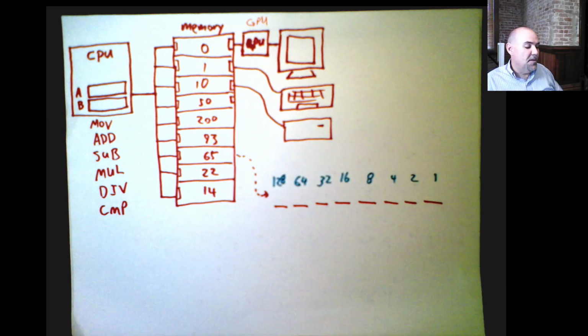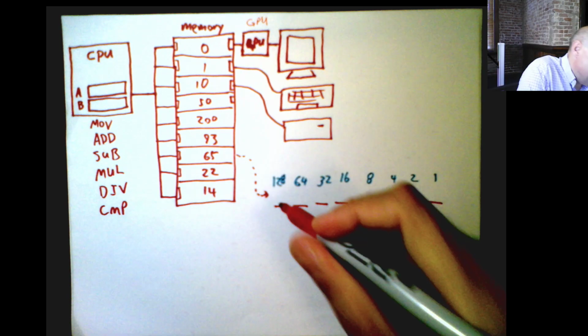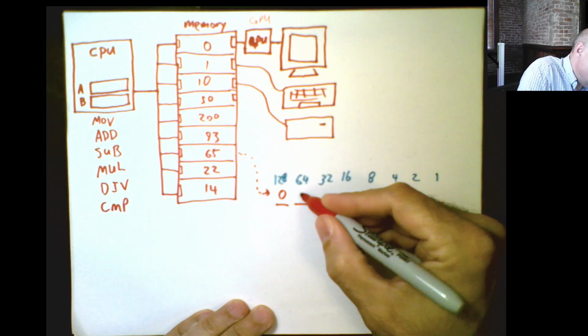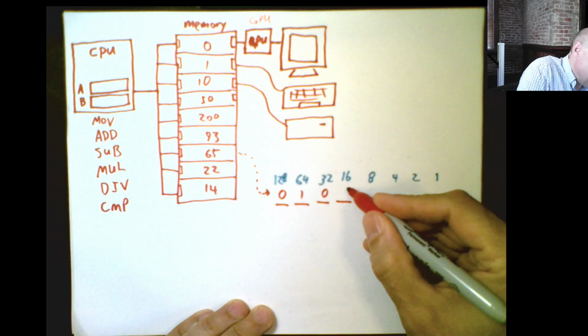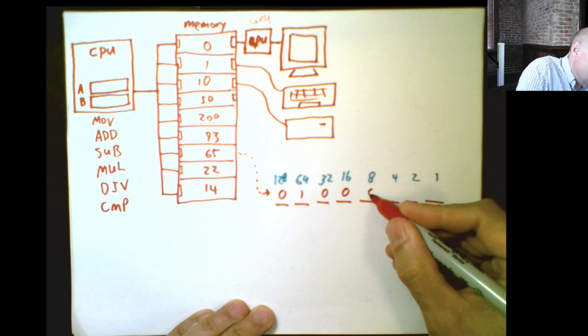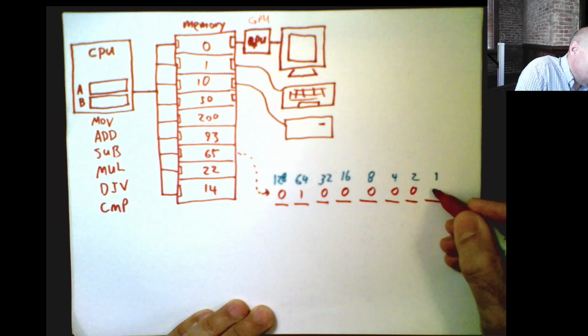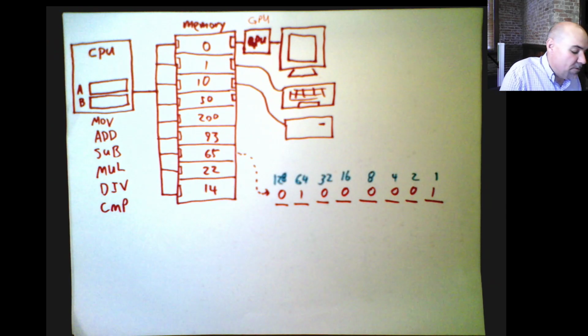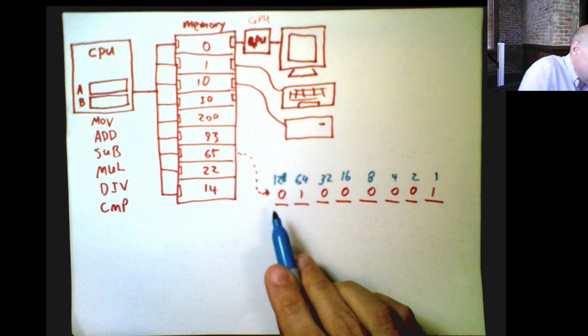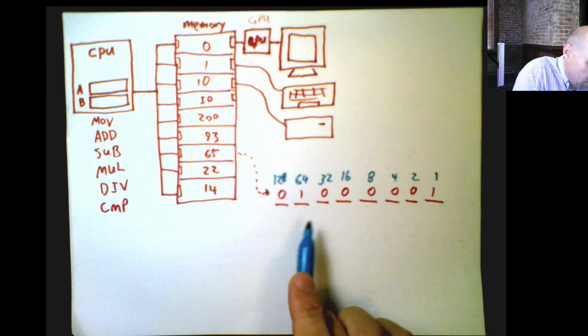So what does that 65 look like? Well, it's not going to have any 128s in it. It's going to have a 64, no 32s, no 16s, no 8s, no 4s, no 2s, and a 1. So in other words, this number, 65, looks like that in the pattern of switches.